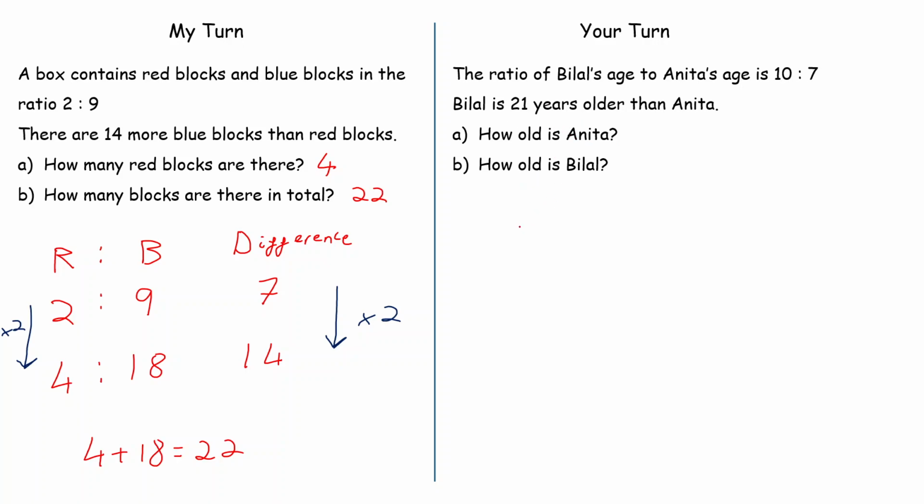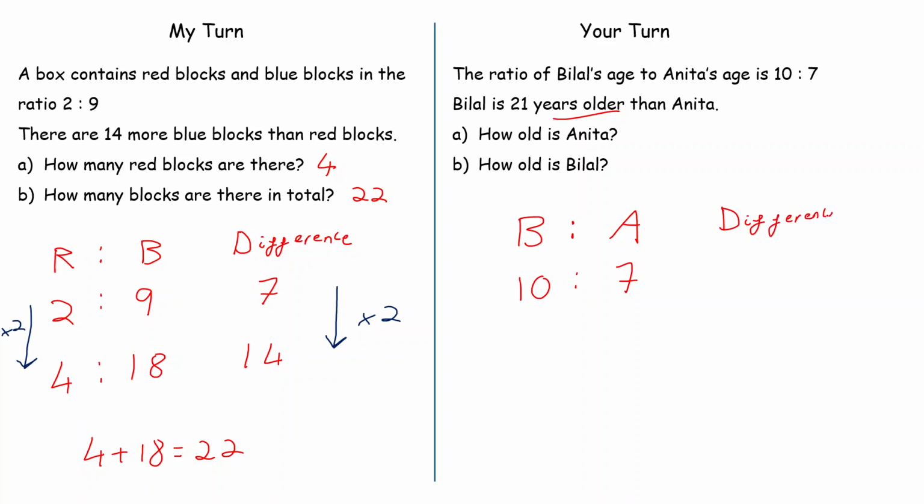So let's make a note of this. Bilal is over here, B to Anita. The ratio is 10 to 7. And Bilal is 21 years older than Anita, so we're looking at a difference one here. Let's make a note of it over here.